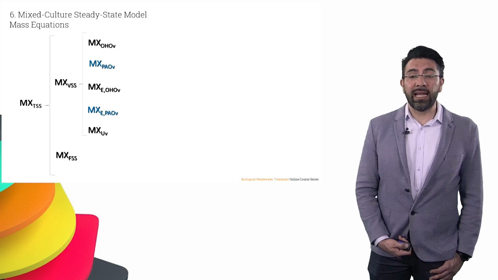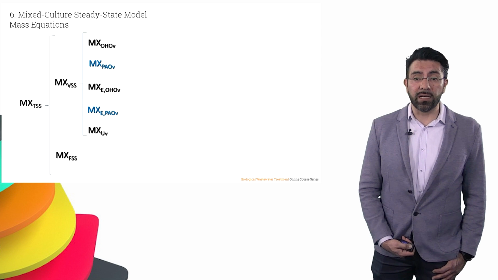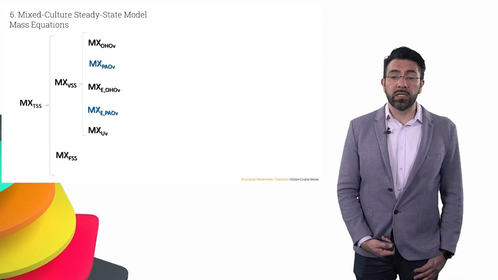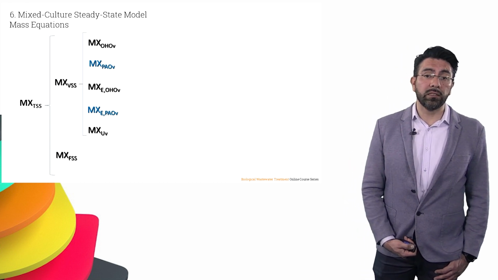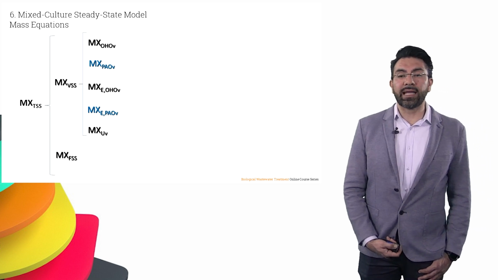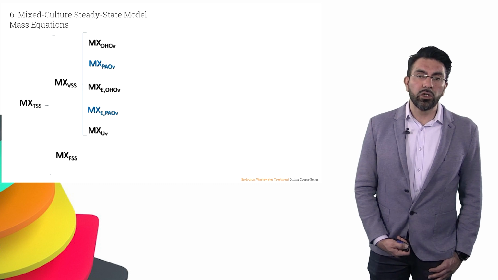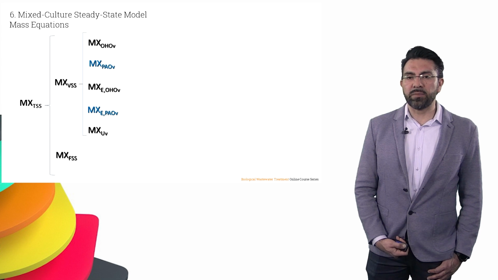Since now we have all the elements, we can also calculate the total mass of volatile suspended solids, the total mass of fixed suspended solids, and the total mass of solids that will be accumulated in our EBPR system. And there are a few ratios that can also be used to assess how the system is performing.